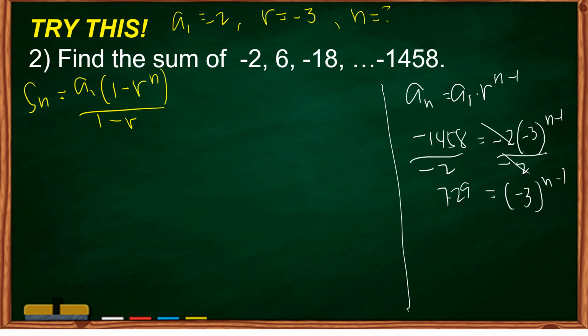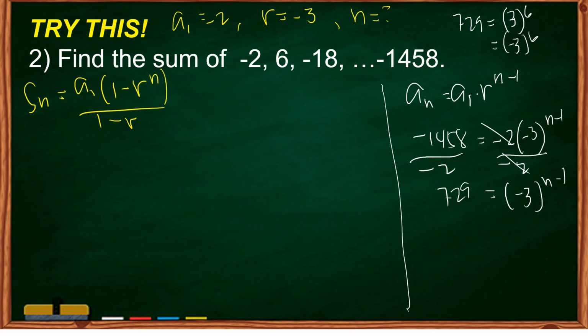But please take note that 729 is just the same as positive 3 raised to 6 or -3 raised to 6. Okay? So even the -3, when you raise it to 6, it will give you positive 729.